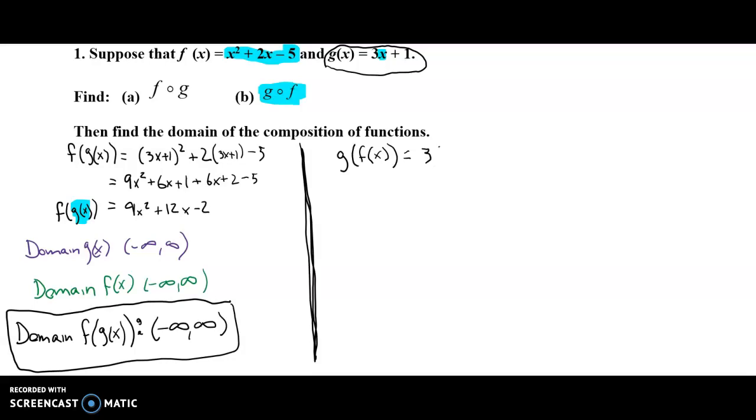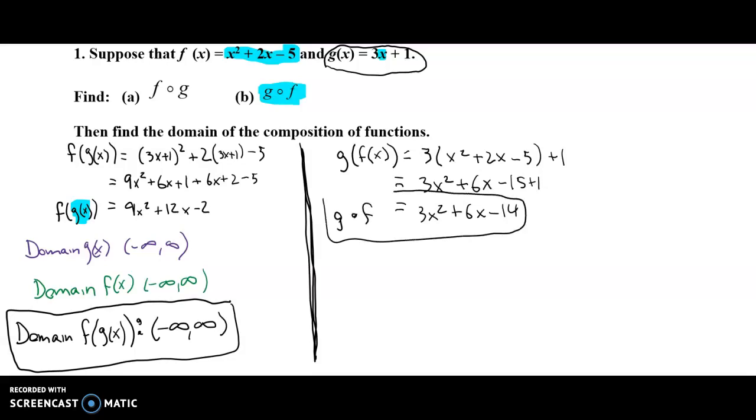So we have 3 times x squared plus 2x minus 5, and then plus 1. And we can distribute that 3, so we get 3x squared plus 6x minus 15 plus 1. And finally, we'll have 3x squared plus 6x minus 14, and that's what g of f is equal to.